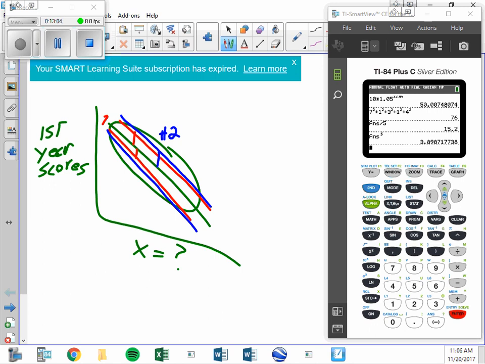So let me read that again. One has an RMS error of 12, and the other has an RMS error of 7. All other things being equal, which should you choose and why? Did you guys look at the answer on this one?